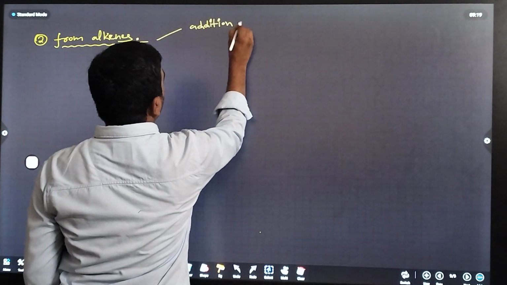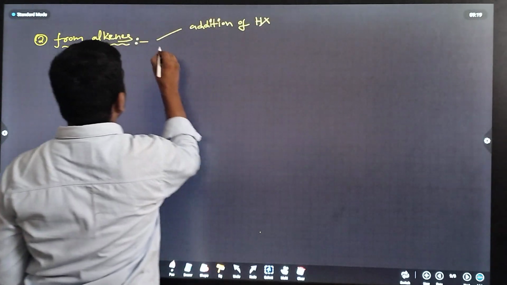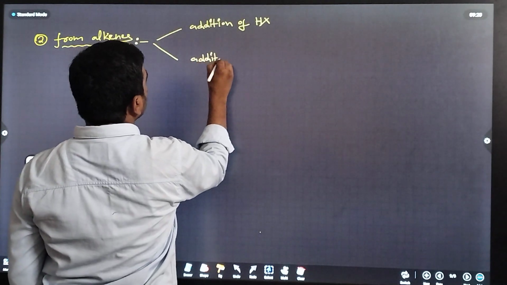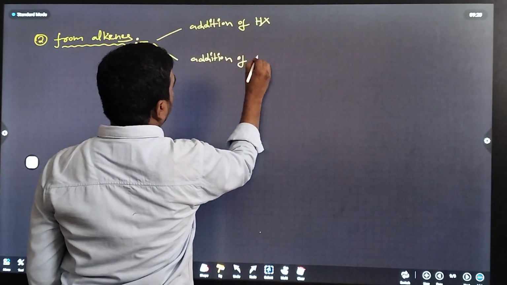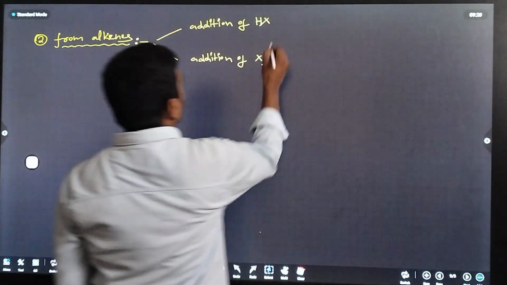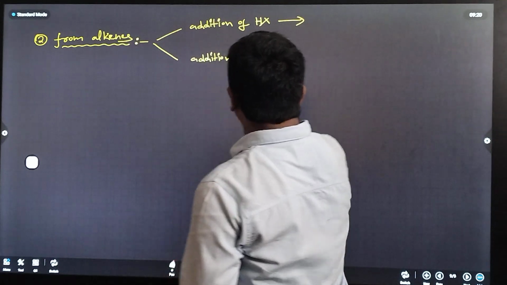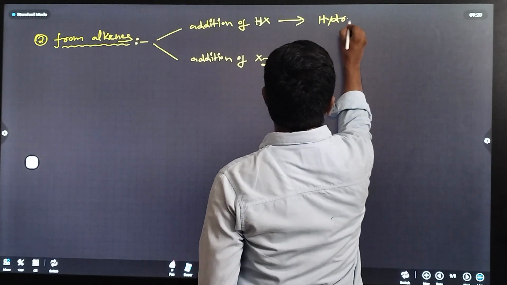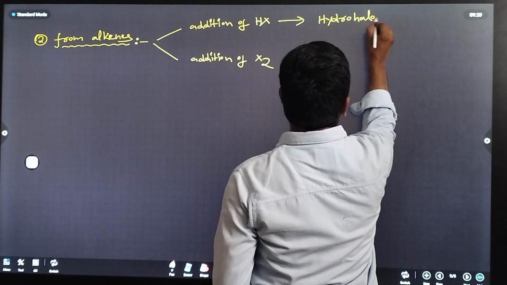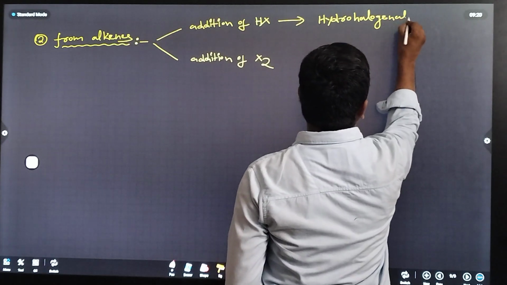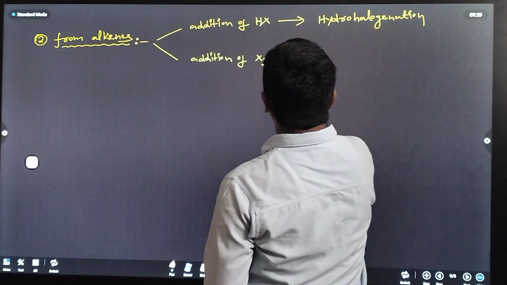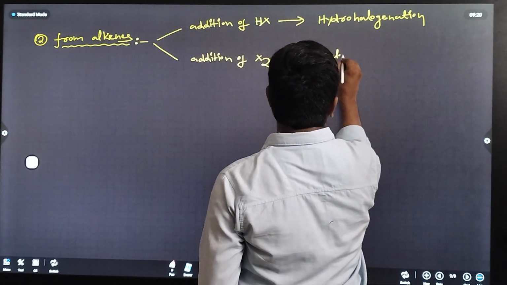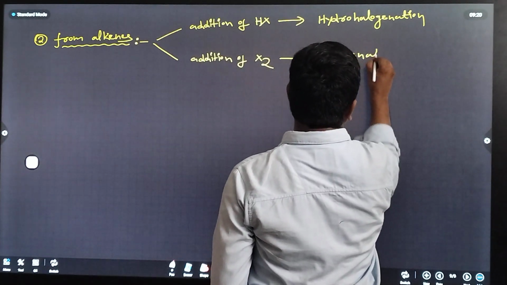Second one, addition of X2. This reaction is also called hydrohalogenation. Addition of HX is also called hydrohalogenation, and addition of X2 is called halogenation.